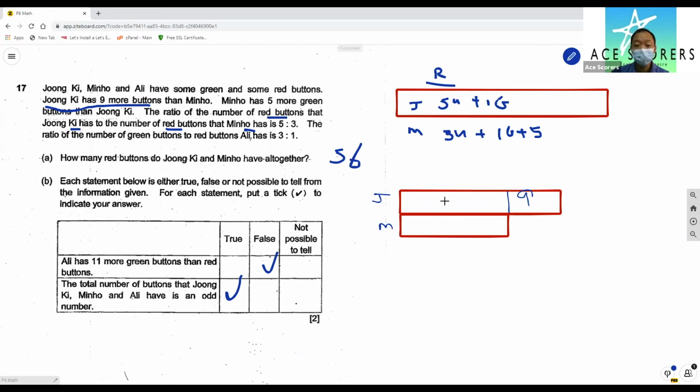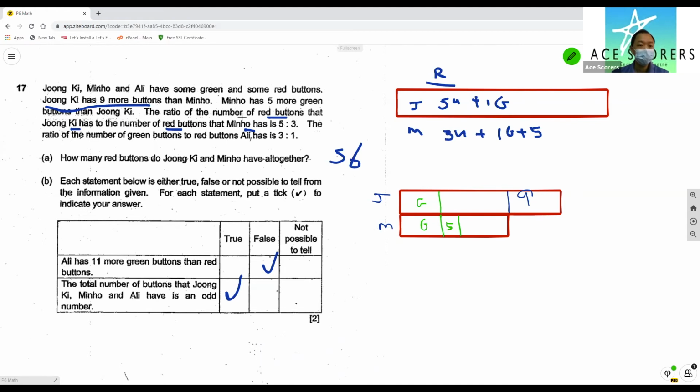So let's talk about green, yeah? Green color. Who has more green? Ming Ho has 5 more. So like that. Okay, this little thing is 5. So this is G, this one is G. Okay, Ming Ho has 5 more than Junkie.